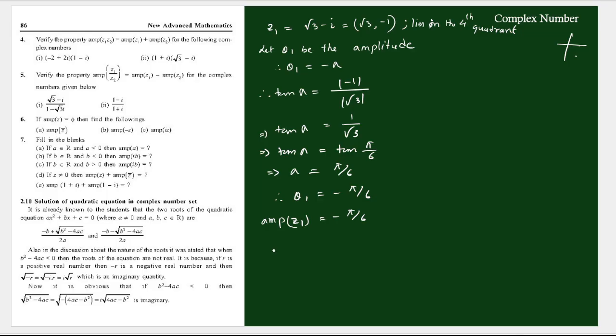Same goes for Z2. Z2 is 1 minus √3 i. Write it in an ordered pair: (1, minus √3). Same, it lies in the fourth quadrant, right?